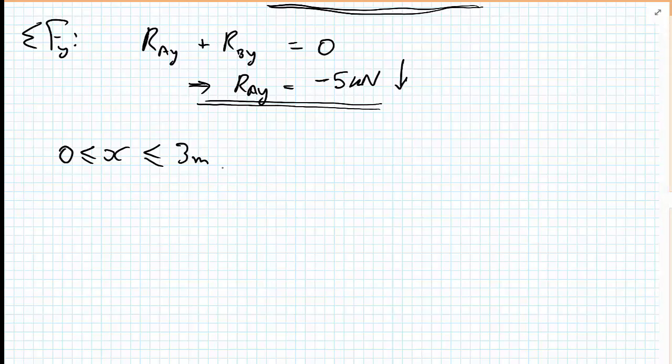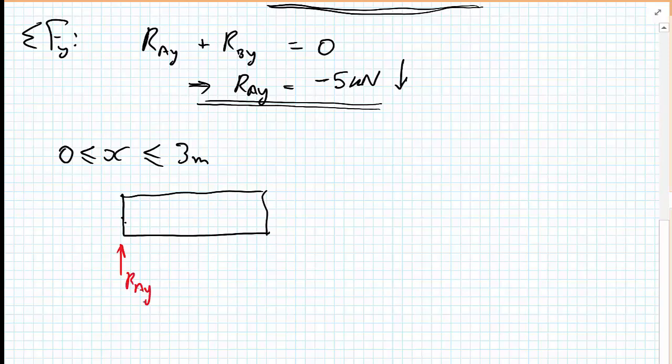To calculate the shear forces, first of all, let us draw our free body diagram of the system. On the left hand side, the force applied is RAY. I'm going to draw this pointing upwards, even though I know that the value is minus 5.